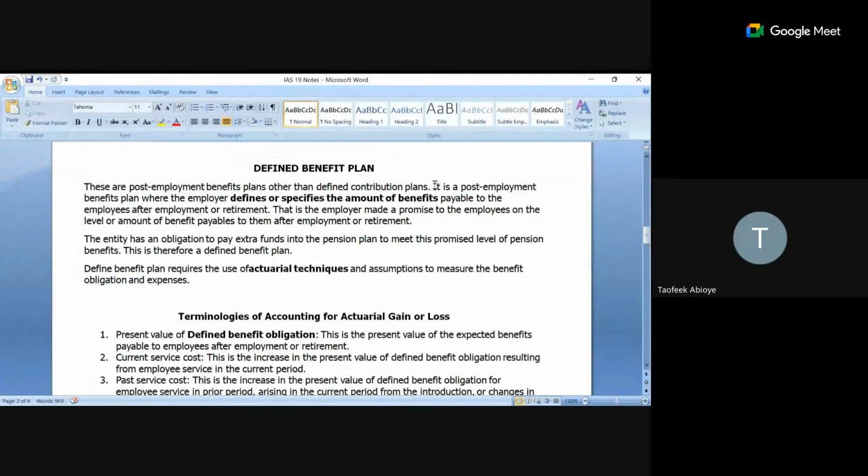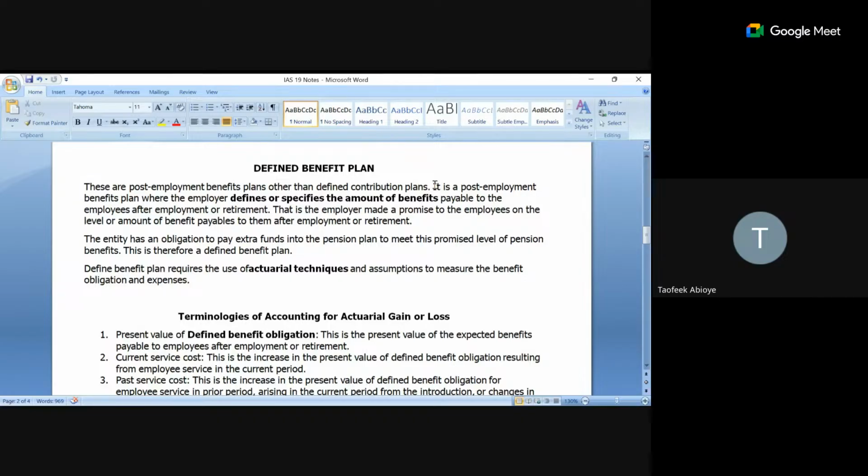And that is how it will work. But in a defined benefit plan, they are going to promise and make a provision to settle that pension liability. So it is the employer that will define the benefits that will be payable to the employee.